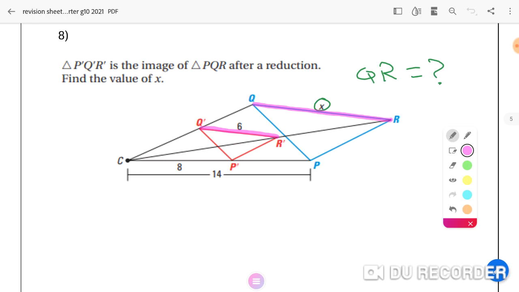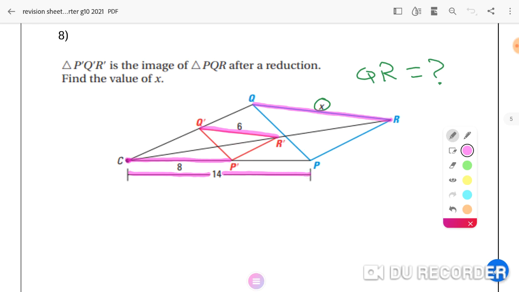So the image length is the length from the center of dilation to the image, which is P prime, and that equals 8. And the length from the center of dilation to the original figure is 14.